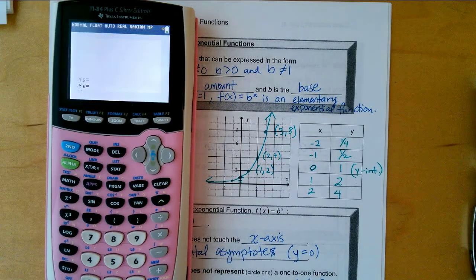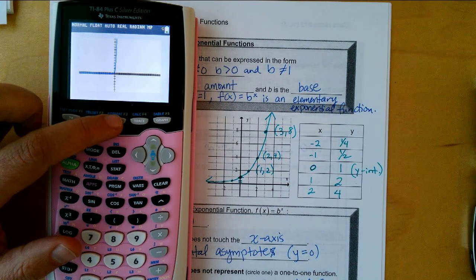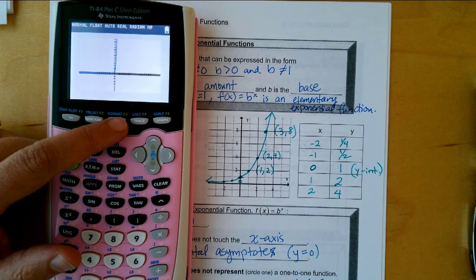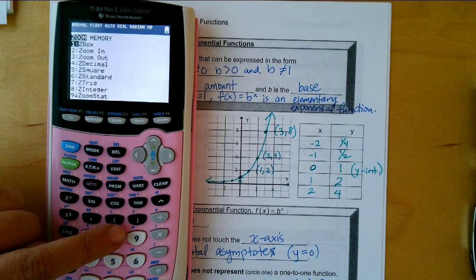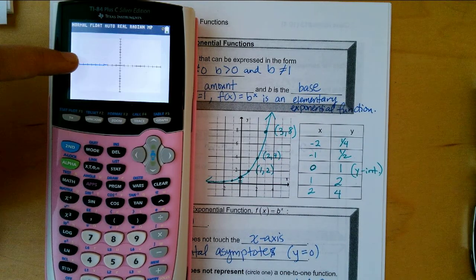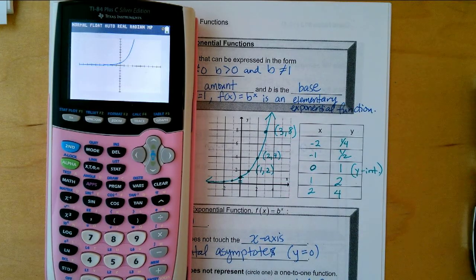If I press graph, now my graph is way zoomed out, probably from a prior lesson. So if I go zoom, and wait, because it's thinking about it, zoom standard, that'll take you back to the 10 up, 10 down, 10 over, 10 over, okay?